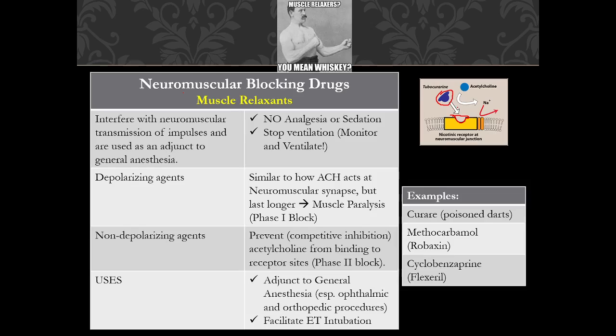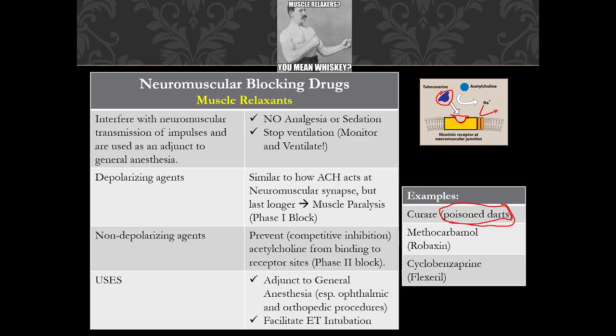So it's going to keep acetylcholine from causing an effect. Curare is what you find in those poison darts that you've heard about in stories or in movies. This is a poison that causes paralysis of muscles, specifically the muscles that allow you to breathe.